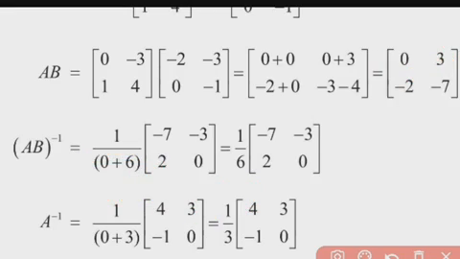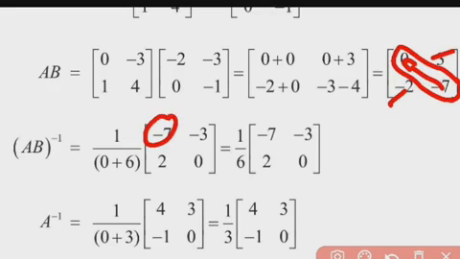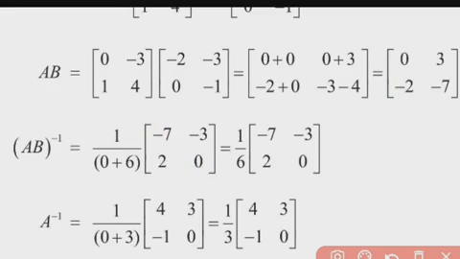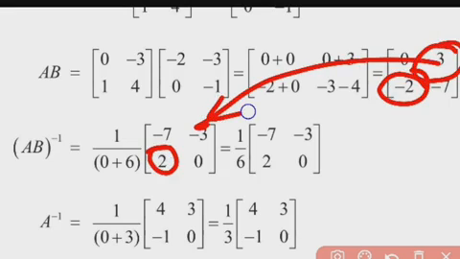Next, I already told you how to find the adjoint of a 2 by 2 matrix. Transpose these two values and change the sign of the other two. Transposing the two values: -7 and 0, without changing the sign. We are changing the sign on this diagonal: here -2, so I put plus 2, here plus 3, so I put minus 3.